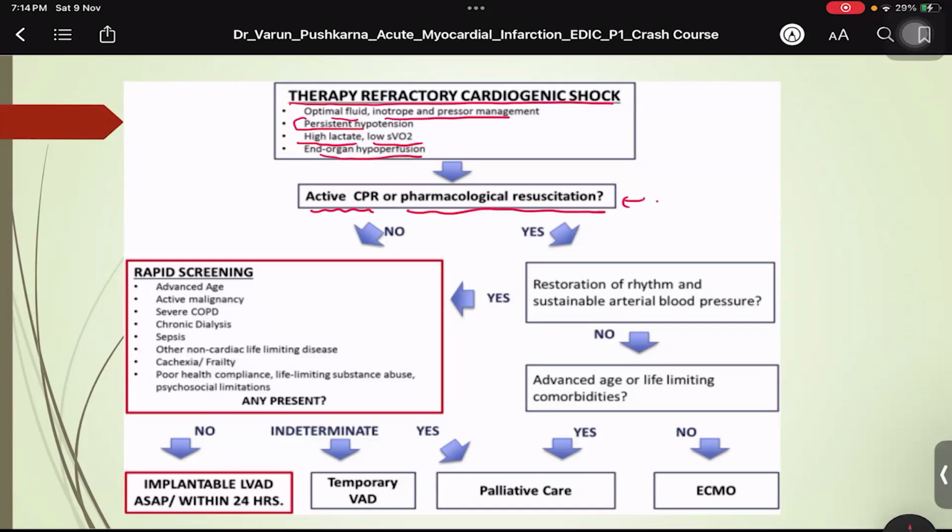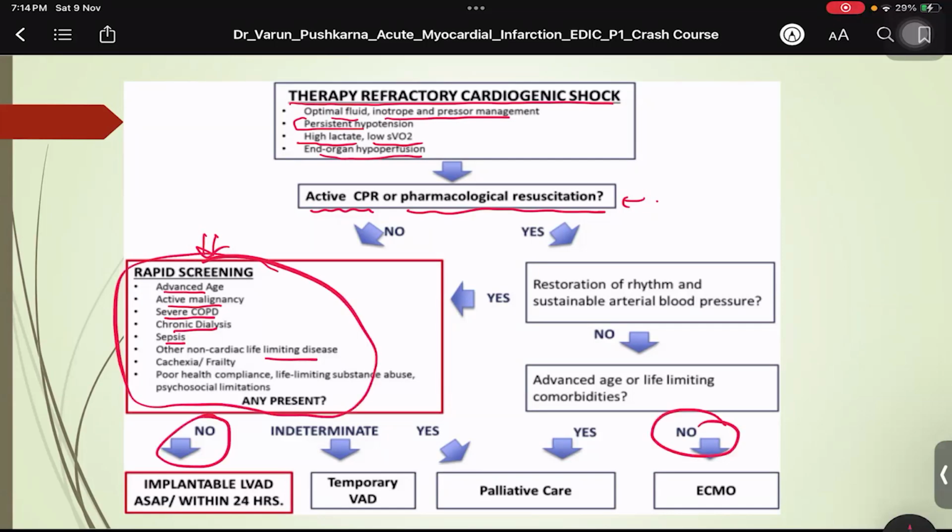If the patient has not required active CPR or pharmacological resuscitation, then you immediately screen these patients for advancing age, presence of active malignancy, severe COPD, chronic dialysis, septicemia, other non-cardiac life-limiting diseases, cachexia, frailty, poor health compliance. If any of these are not present, then you have the options of going for ECMO and implantable LVAD ASAP or within 24 hours.